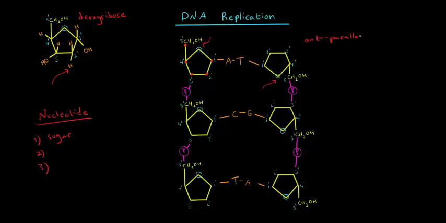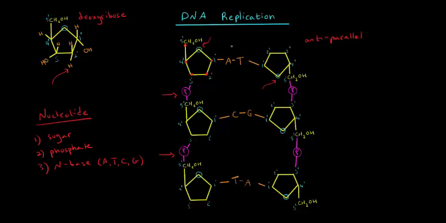each other. Okay, the next component of a nucleotide is a phosphate group, and these are the purple P's that you see over here, and they connect the 3' carbon and the 5' carbon of two nucleotides. And the last component of a nucleotide is a nitrogen base. These are our A's, our T's, our C's, and our G's.